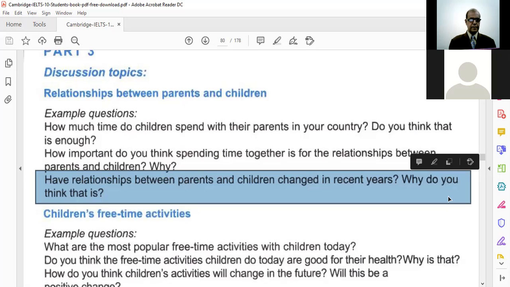The parents decide the future of the children, but they don't ask about their wishes and their dreams about their future. So I think there is a different kind of relationship nowadays if we compare with the past.